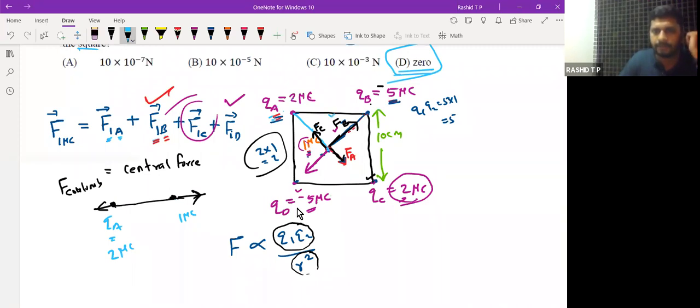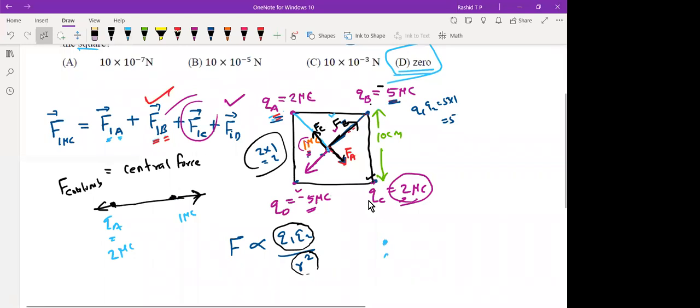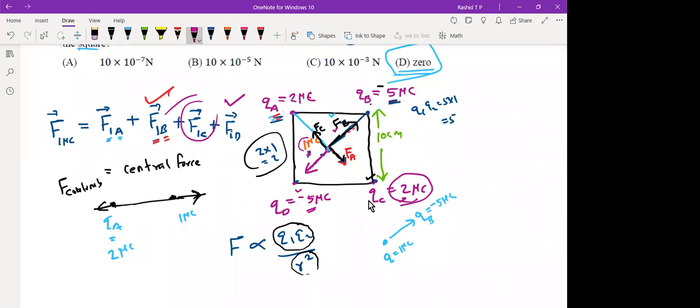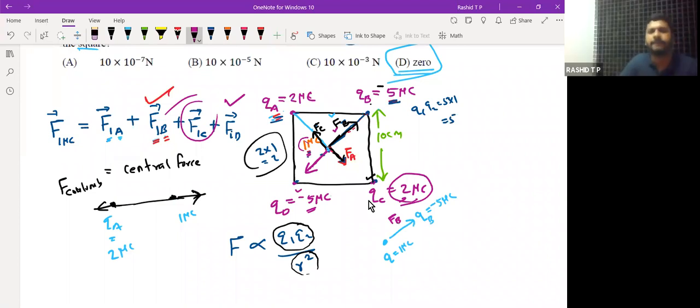Yes, I have drawn the attractive force because of the charge. Yes, sir. But there is 1 microcoulomb charge, it goes towards where? QB is equal to minus 5 microcoulomb. Is it correct? FB means this is the force experienced by 1 microcoulomb because of the charge placed at B.